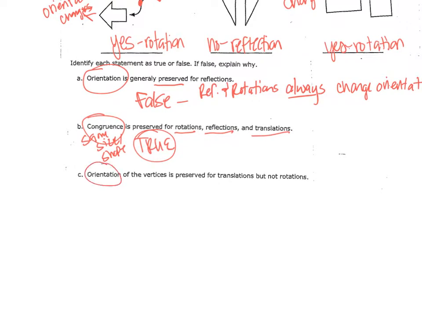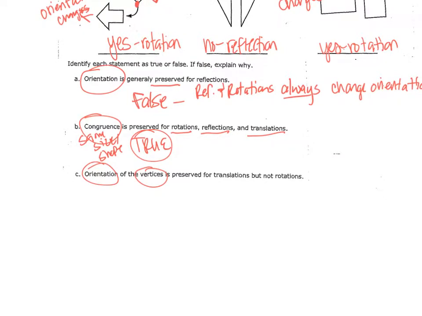And on C, orientation. So that's the direction it's facing. The orientation of the vertices. So vertices just means if you have a shape, vertices is those little corners where they meet. The orientation of the vertices is preserved for translations, but not rotations. That is going to be true. If we slide this shape down, our vertices are still going to be facing the same way.